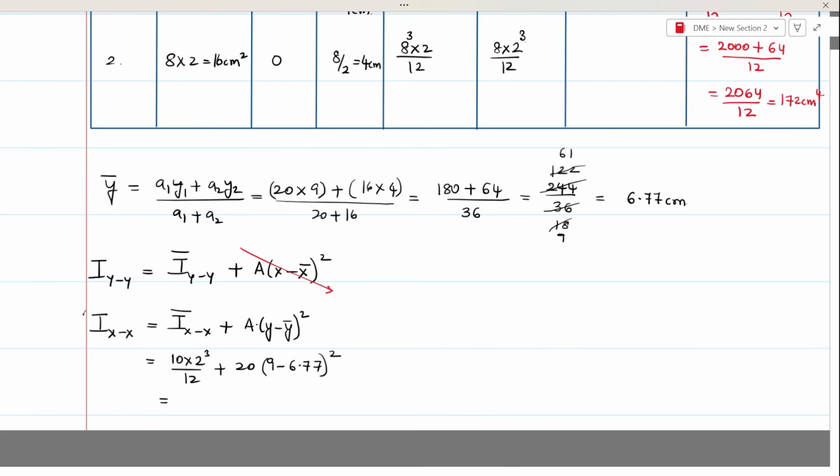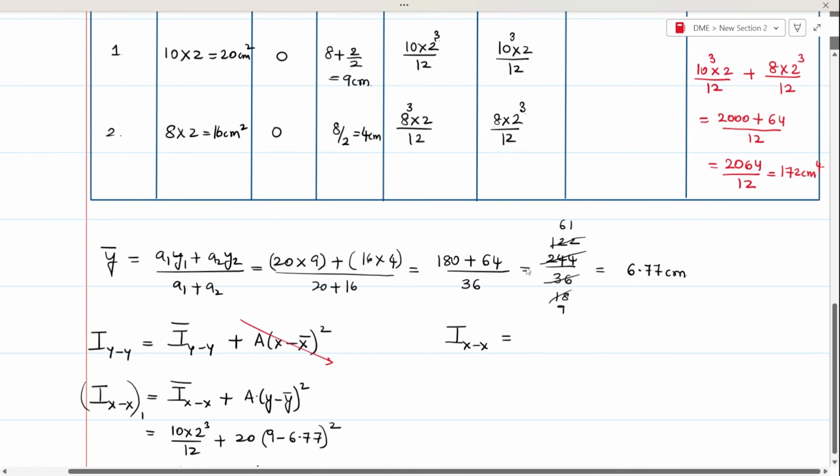This is for area number 1, and upon calculation we get the answer as 105.501 centimeter power 4.